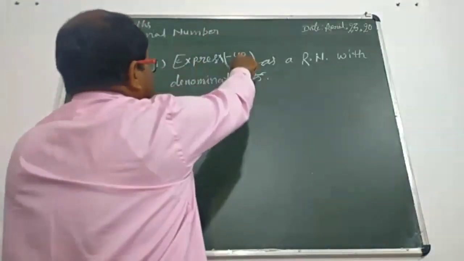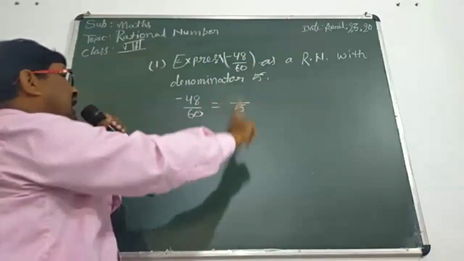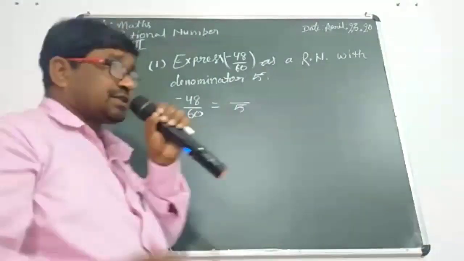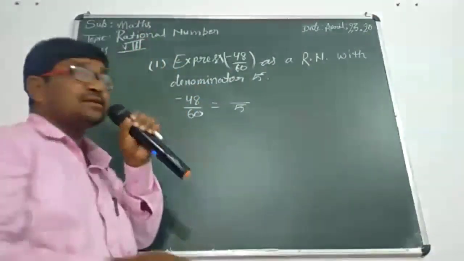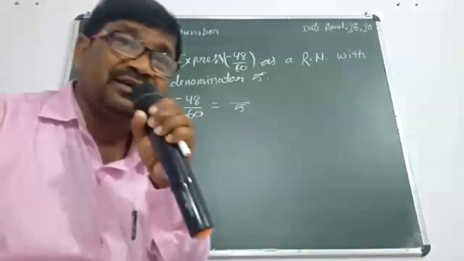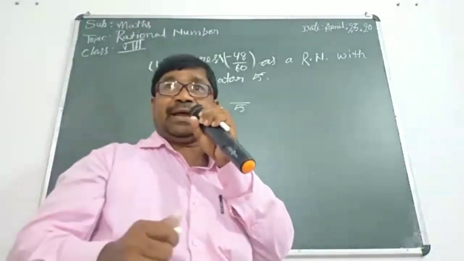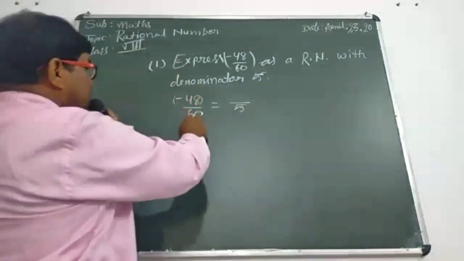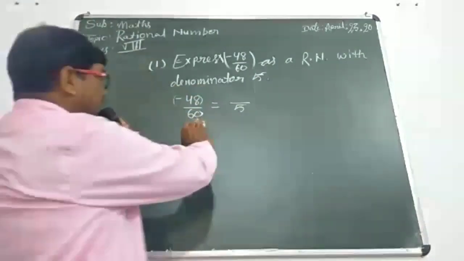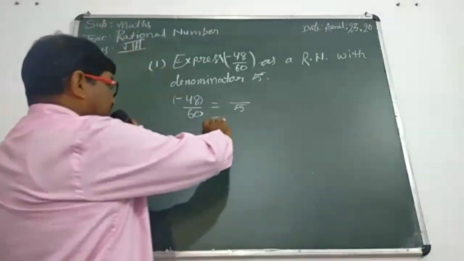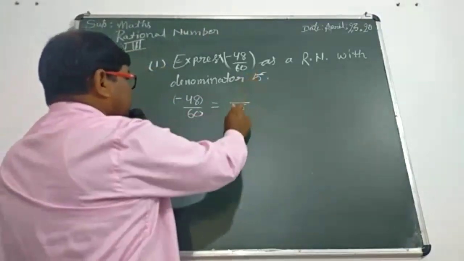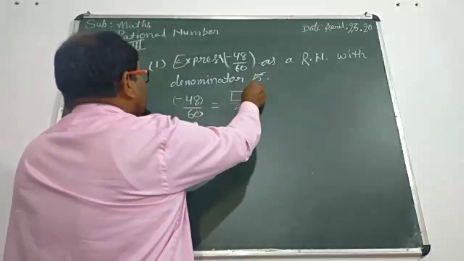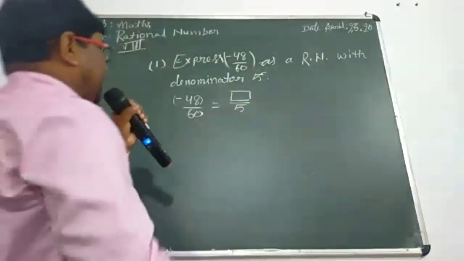Our requirement is the equivalent rational number, but its denominator is given as 5. What is its numerator? We don't know, so we should find it.